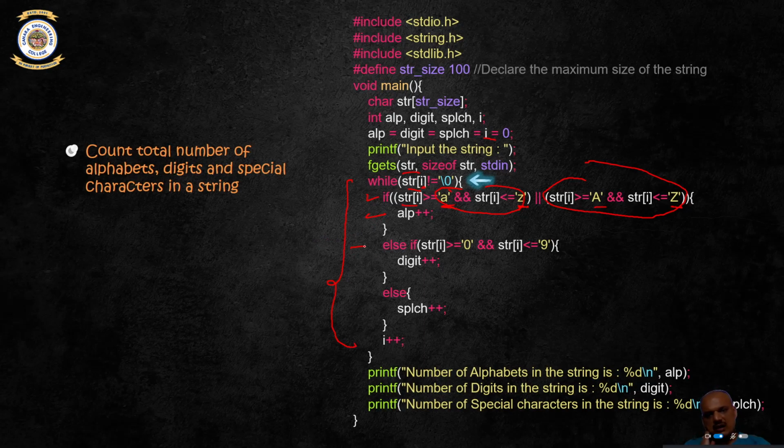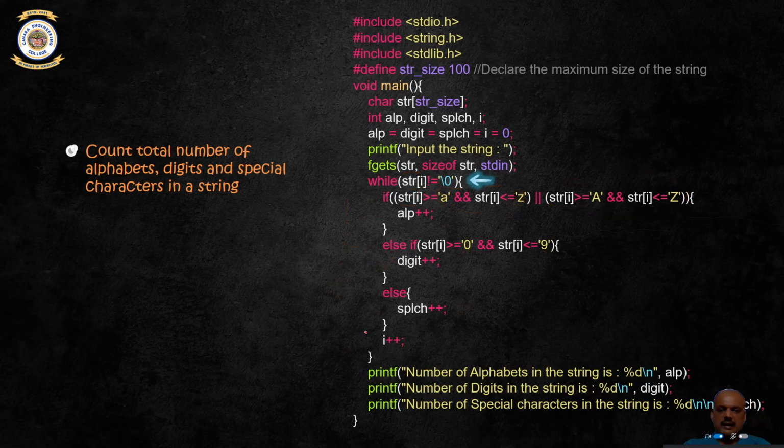If it is not, check if it is a number, whether the character is from 0 to 9, that is, the ASCII value stored in the character array is between character 0 and character 9. If it is, increment the digit count. If neither of them is true, then obviously it is a special character, so increment that.